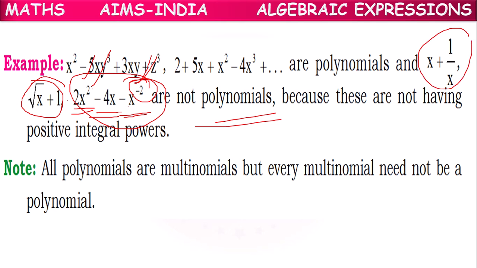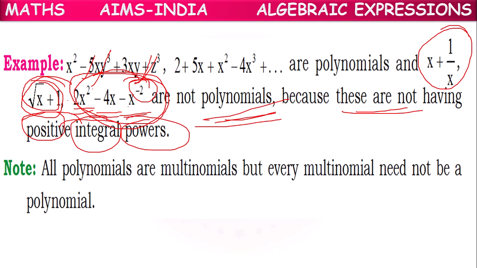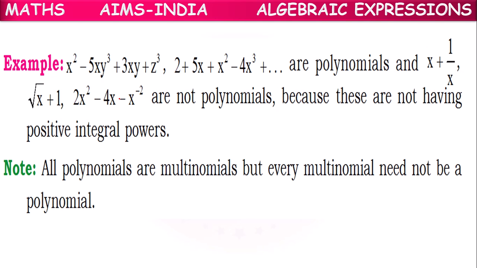So x plus 1 by x, root x plus 1, 2x square minus 4x minus x to the power of minus 2. These are all not polynomials because they do not have positive integral powers.